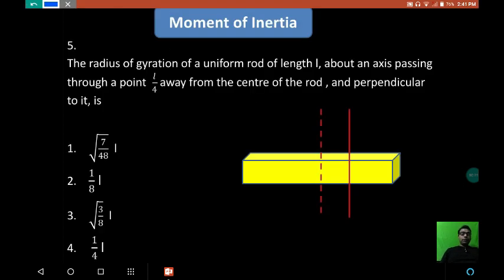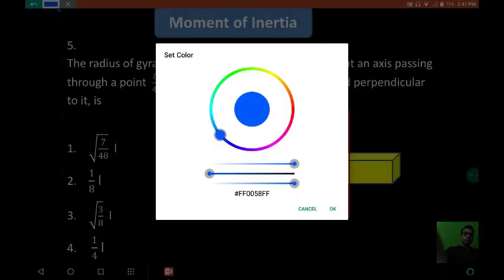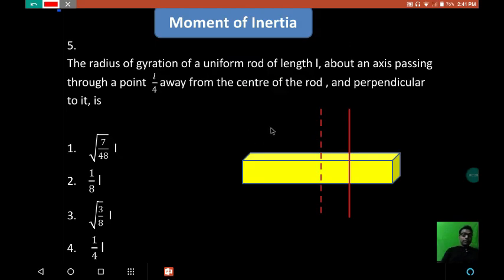Let us make, if this is passing through the center and the distance is L by 4, let us name the axis y dash. From the equation, I y dash is equal to m k square, where k is the radius of gyration.